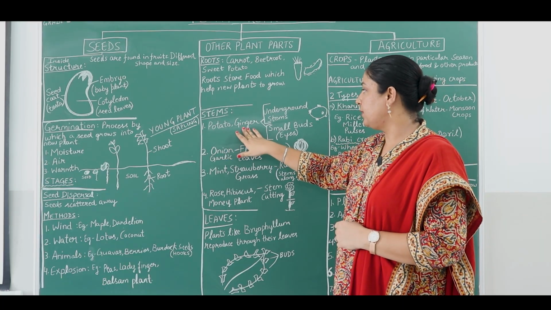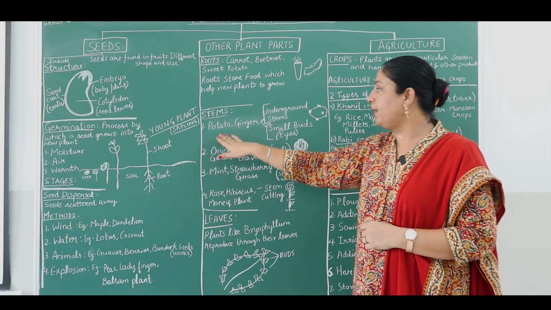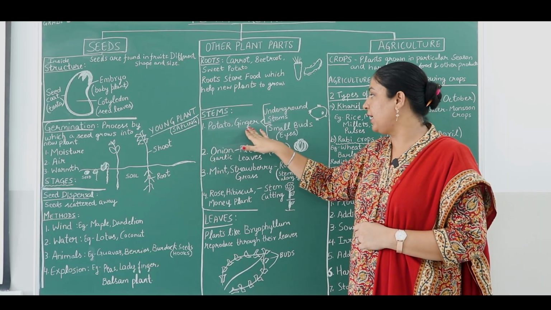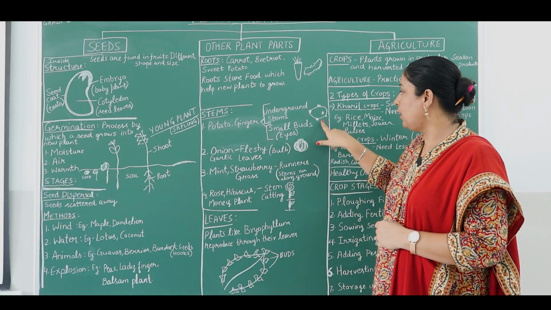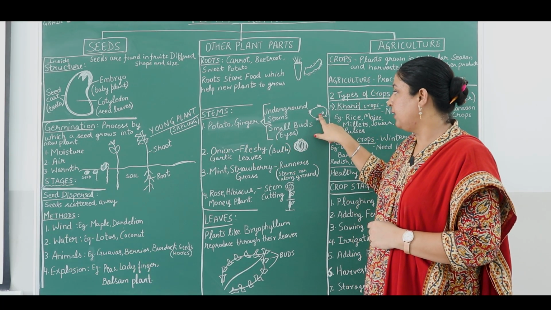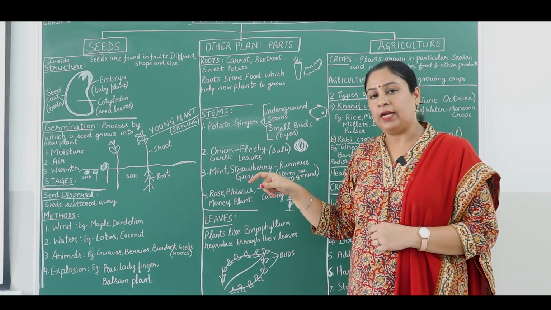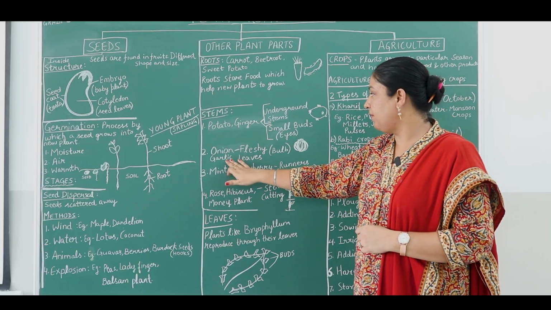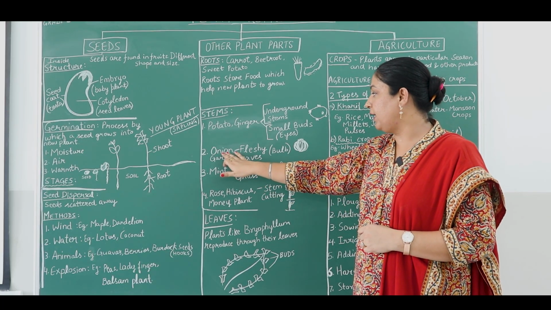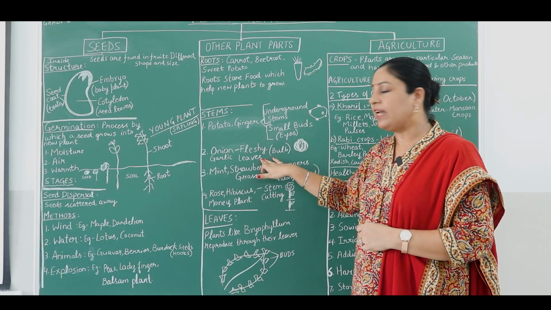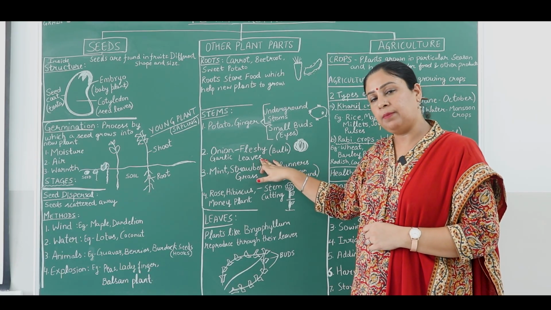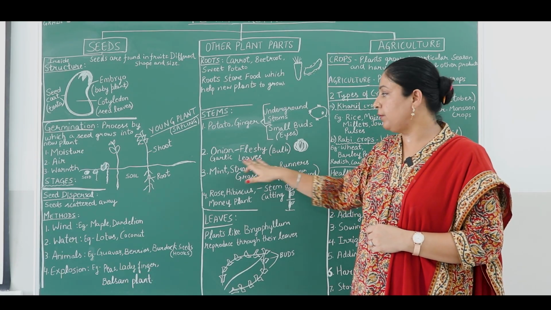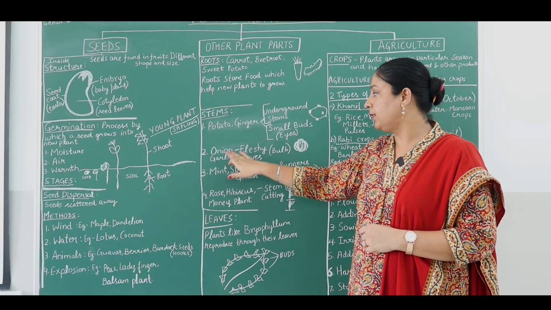From stems, for example, the underground stems like potato and ginger have small buds on their surface, and when we sow them in the soil, we can reproduce a new plant. In the same way, the underground stem of onion, which has fleshy leaves known as a bulb, we can reproduce an onion plant.